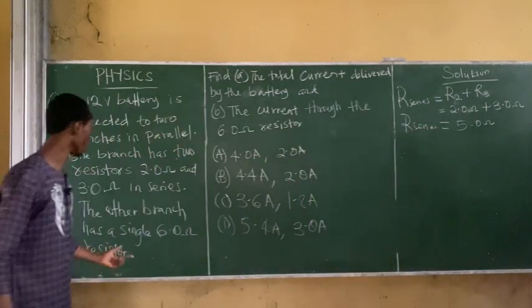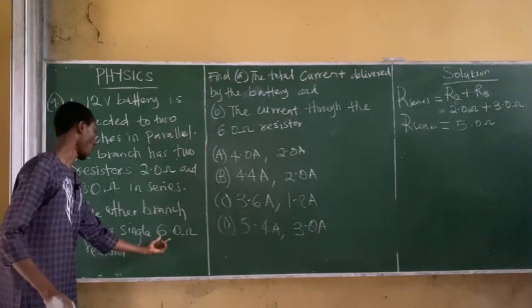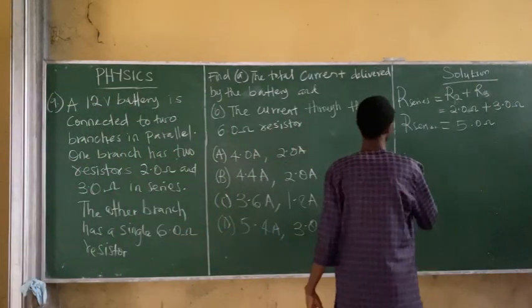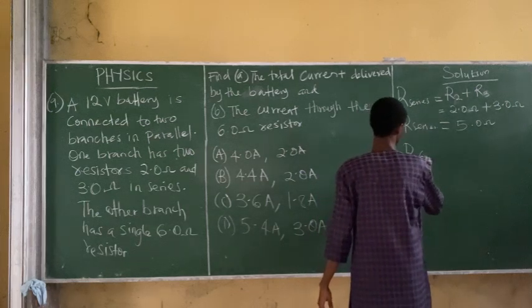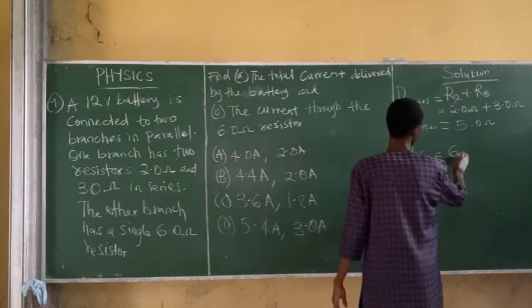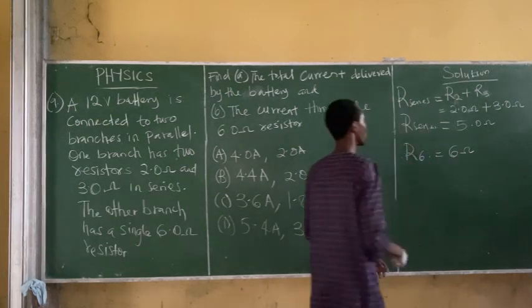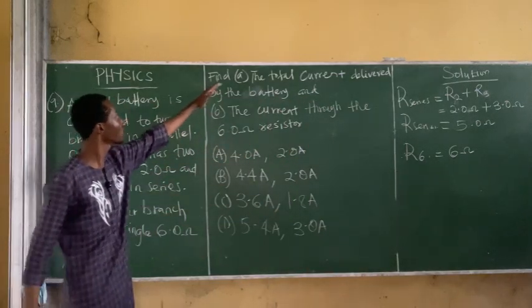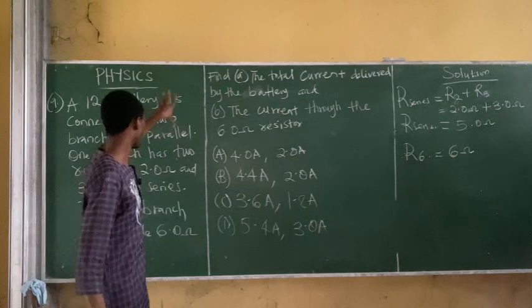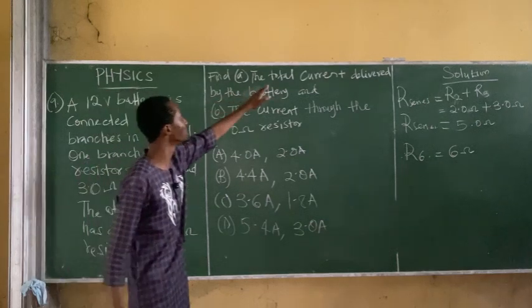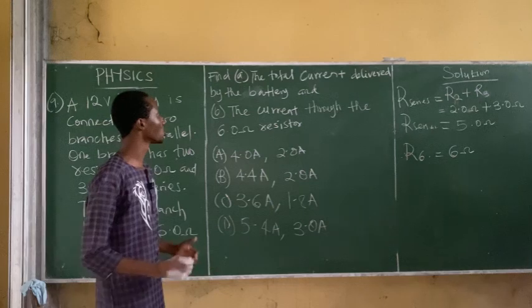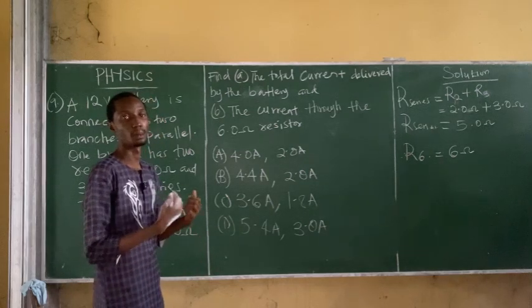We have the other resistor which is in parallel to this, which is 6 ohms. So we have R6 is equal to 6 ohms. This was given in the question. Now from this data, they said we should find the total current delivered by the battery.